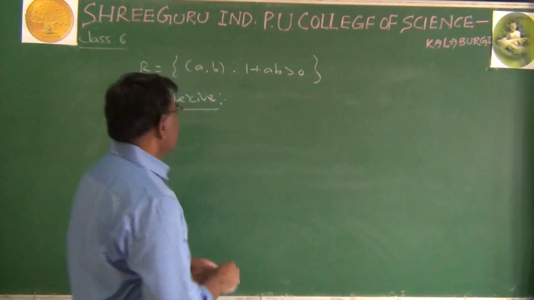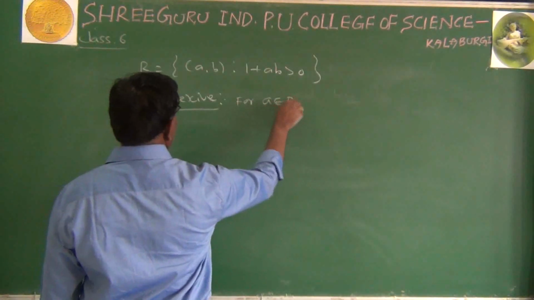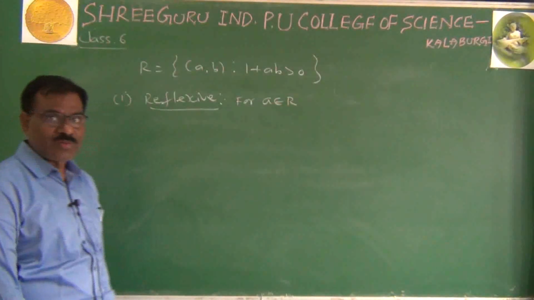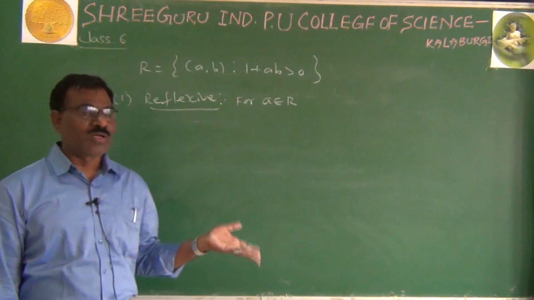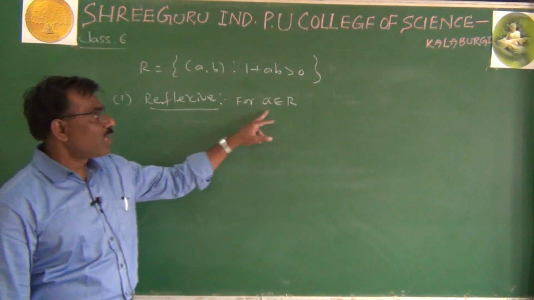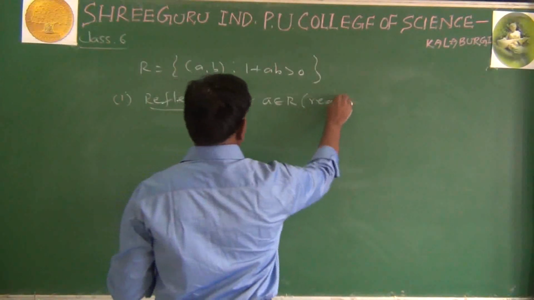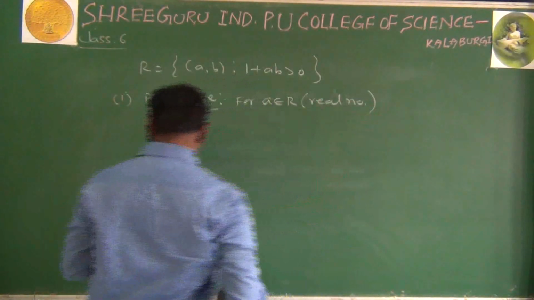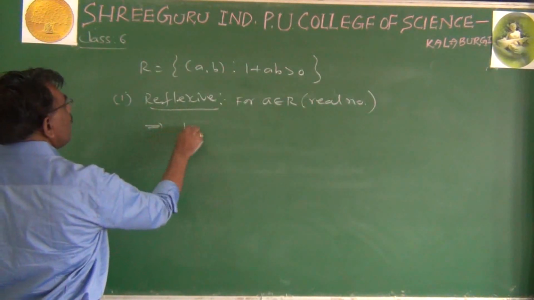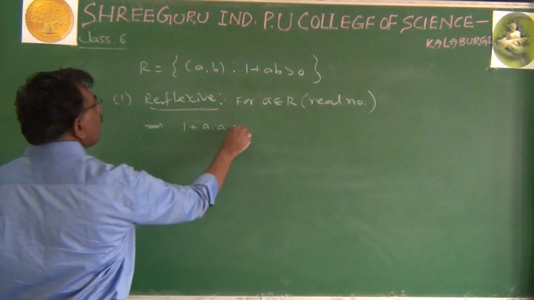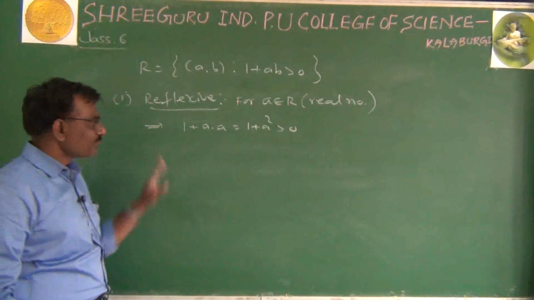But here, what are you choosing? a belongs to R, a real number. Here R is a relation from R to R, so a belongs to R is a real number. It implies 1 plus a into a, 1 plus a square, is positive.